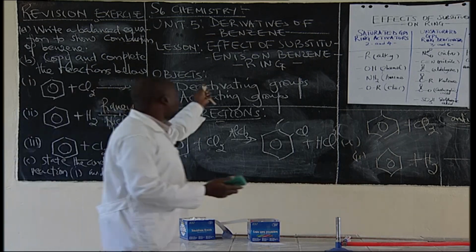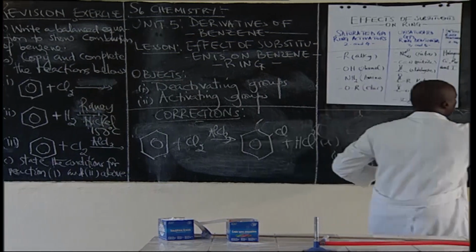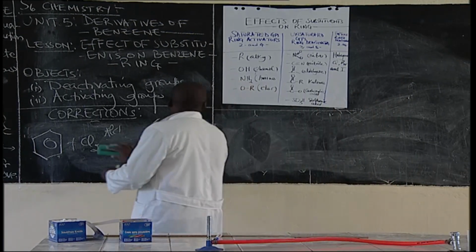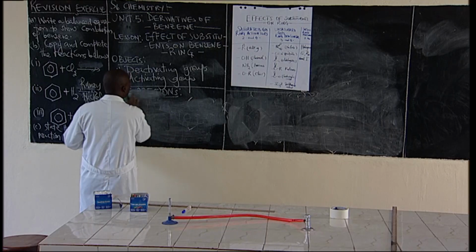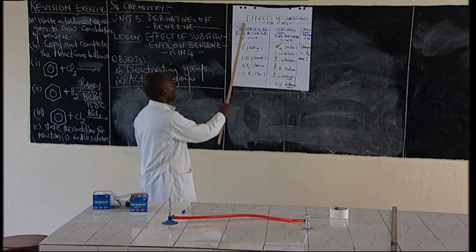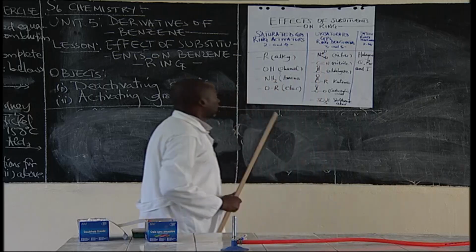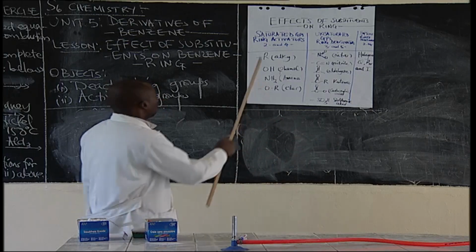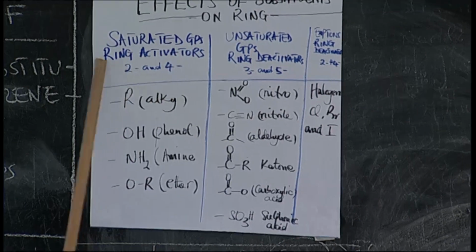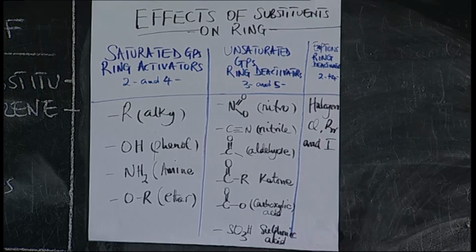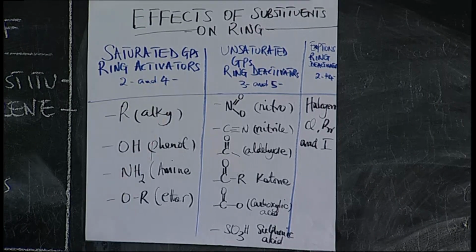So right away, we are going to the effects of the benzene ring. And we said there are 2 parts, so we'll have to combine them all together. Looking at these effects of the substituents, there are actually mainly 2 groups. We have the saturated groups. These are called ring activators. 2 and 4, what does that mean?